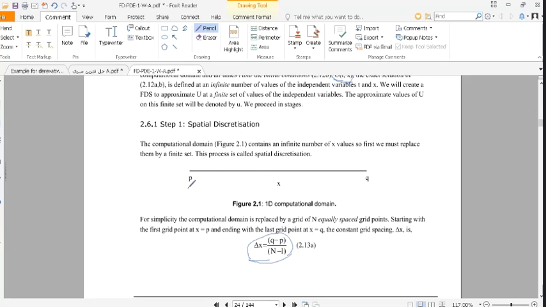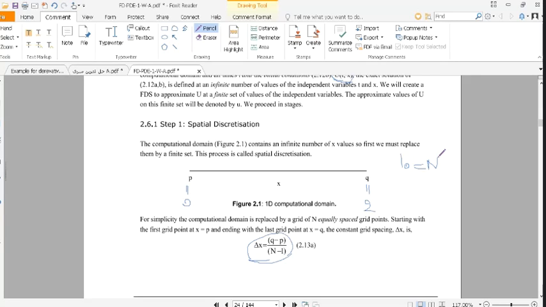For example, you put p equal to 0 and q equal to 2, and we want to put 10 points in the interval from 0 to 2. This means n equals 10. What is delta x? What is the step size for the computational domain?